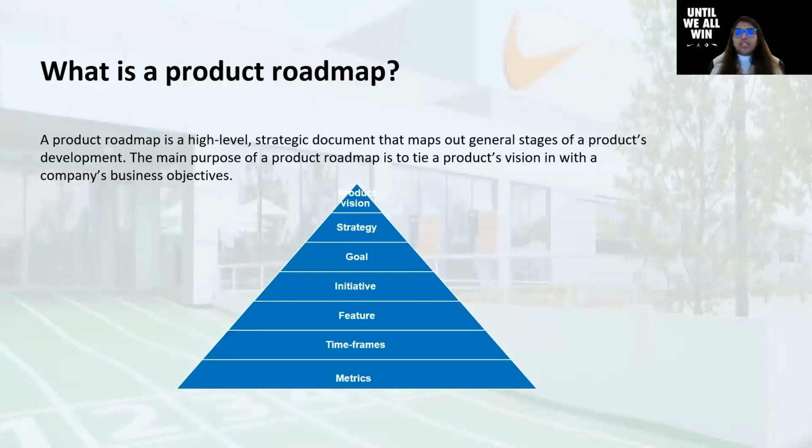And one of the things that the roadmap should contain is time frames. And why? Because you need to show the time frames in which you are executing all of these initiatives and features, and how the goal attached to that is delivered. So this is very valuable for everyone. So this is basically a high level understanding of what a roadmap is.